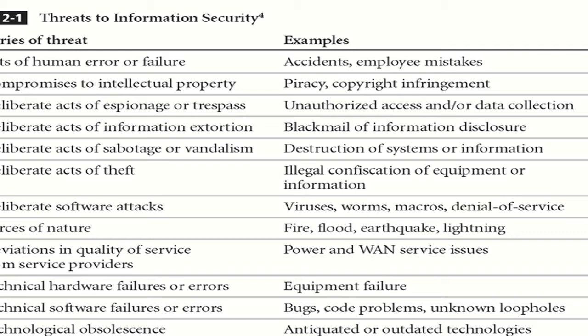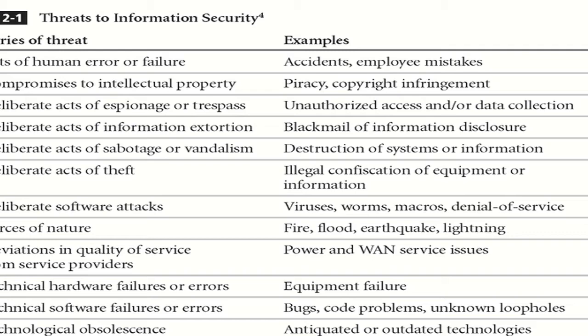It's within this service level agreement that those two parties agree to the terms of service. So now, any deviation in the quality of service from the service provider might be a threat to our cybersecurity or a threat to our information security.